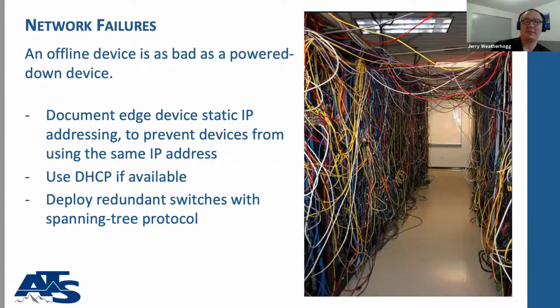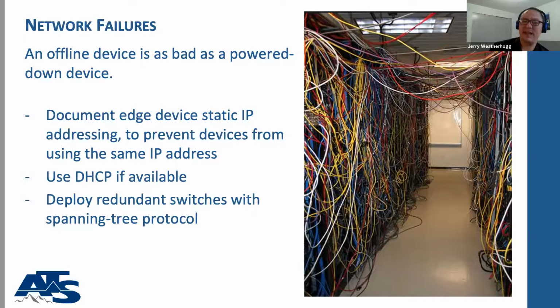You also have to consider network failures, because an offline device is as bad as a powered down device to a cluster. If you can't reach it, you're in the same boat. One somewhat common problem I've encountered is other newly added devices in a network piggybacking over your edge device's IP address.